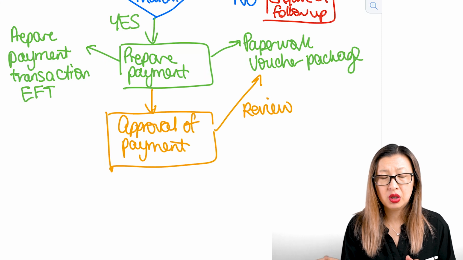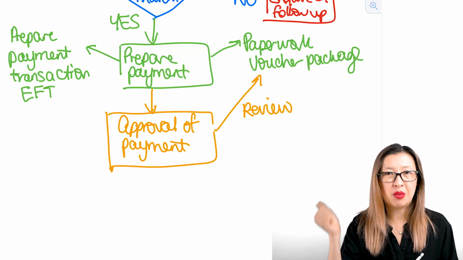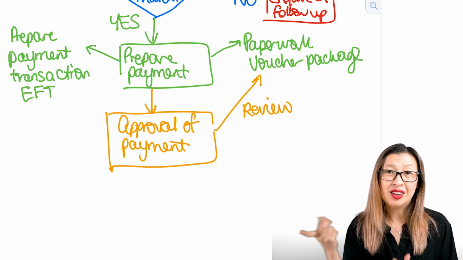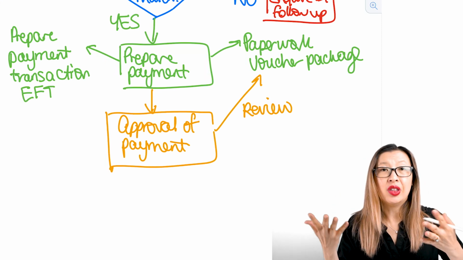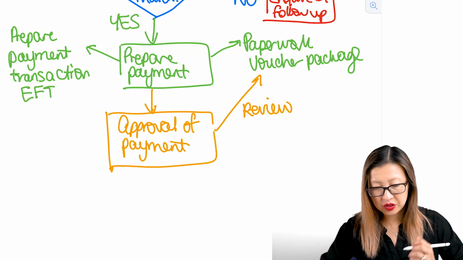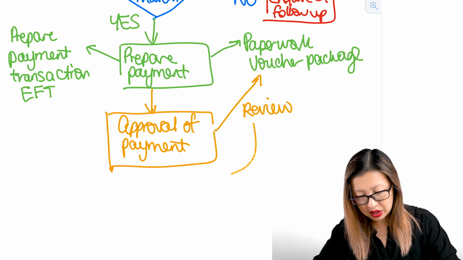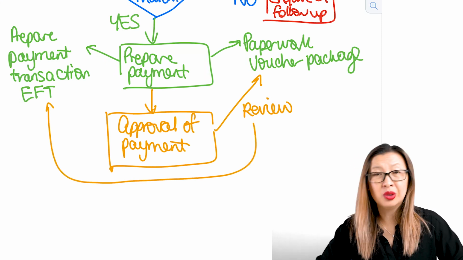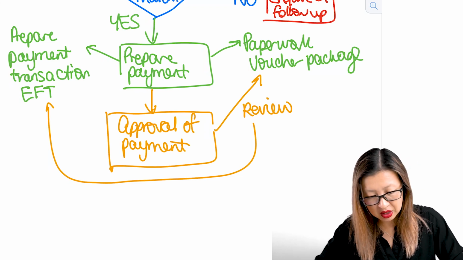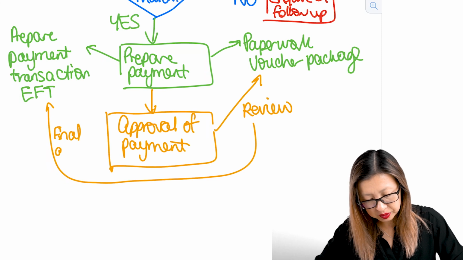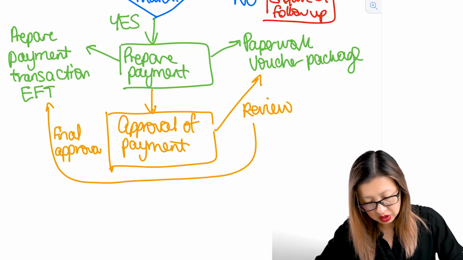They're going to review it, check everything matches. They might stamp, they might sign. If it's in the system, they might press a button or add a code. So they're going to review those documents, and then after they've reviewed it, they're going to go in and they're going to look at the bank transfer system and say, all right, I'm going to make the final approval for the payment.